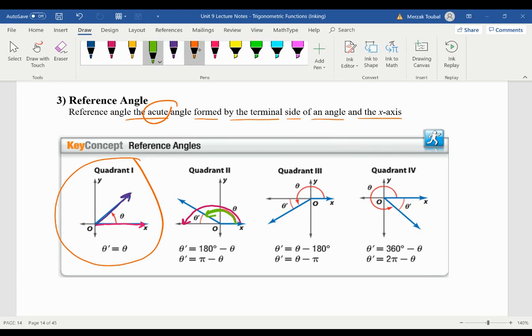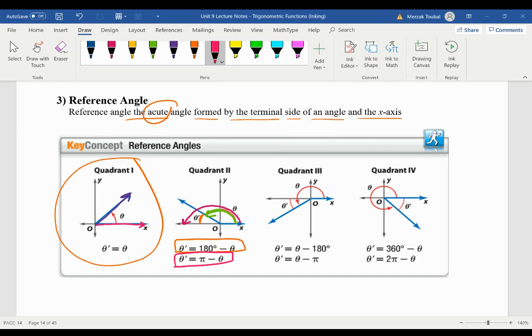So how much is this one? Well, 180 minus theta equals theta prime. So theta prime is 180 minus theta. And if we're using radians, theta prime would be pi minus theta, because pi is equivalent to 180.